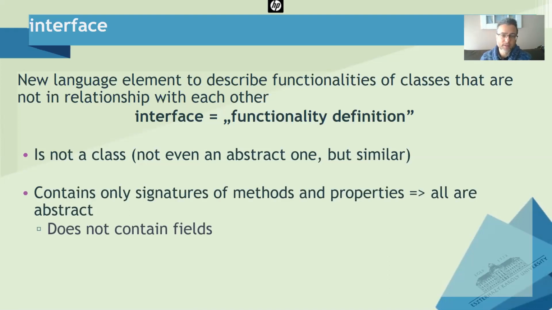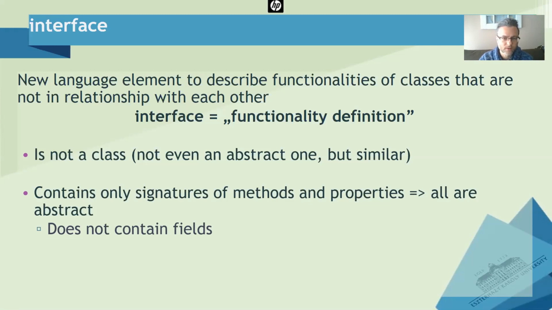This is very important: interfaces cannot contain any implemented methods or properties. Only the signatures, the headers of methods and properties, which means they all are abstract. They cannot contain fields or constructors either.